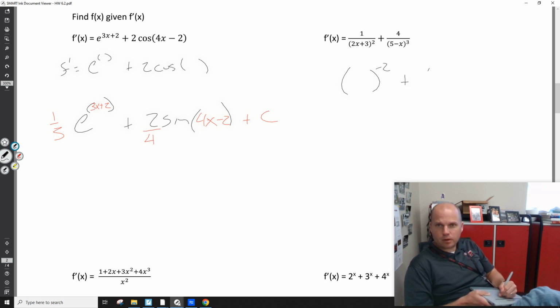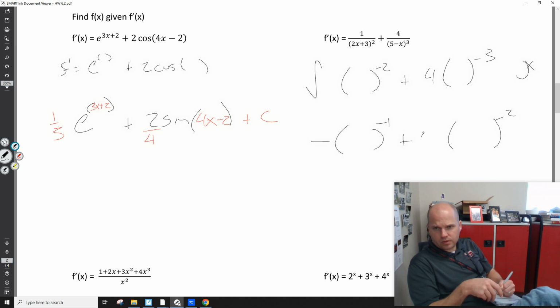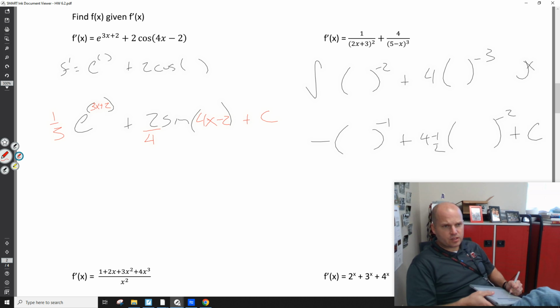Negative 2nd power, negative 3rd power. Antiderive the outside. Four times negative 1/2. Vegas, undo Vegas's derivative.